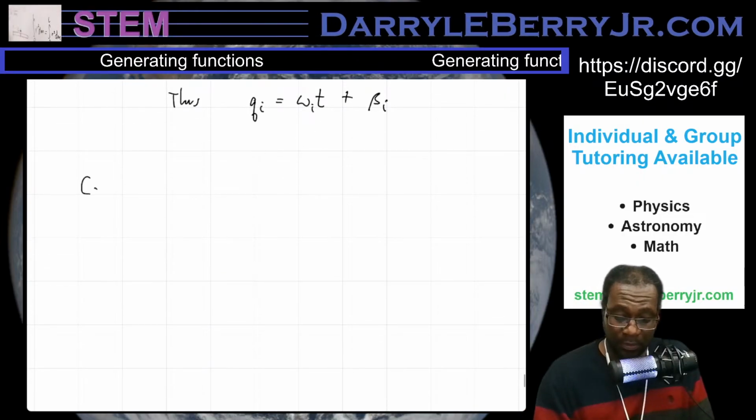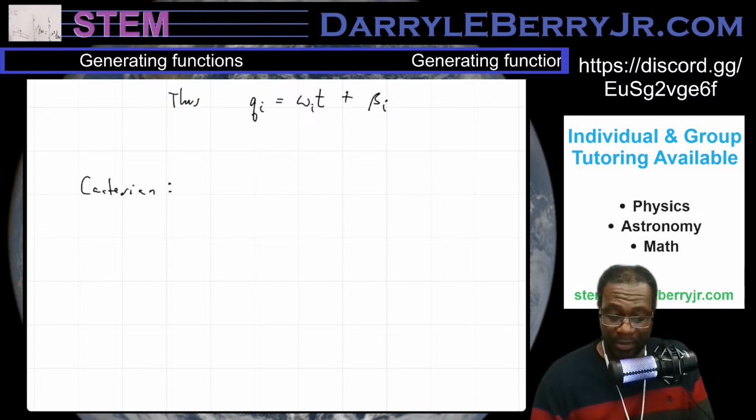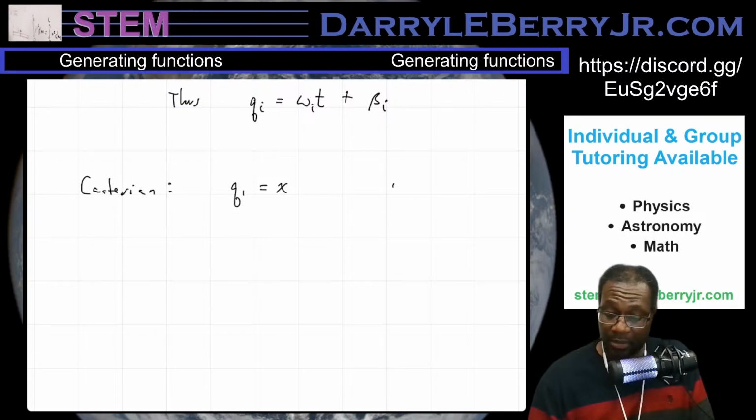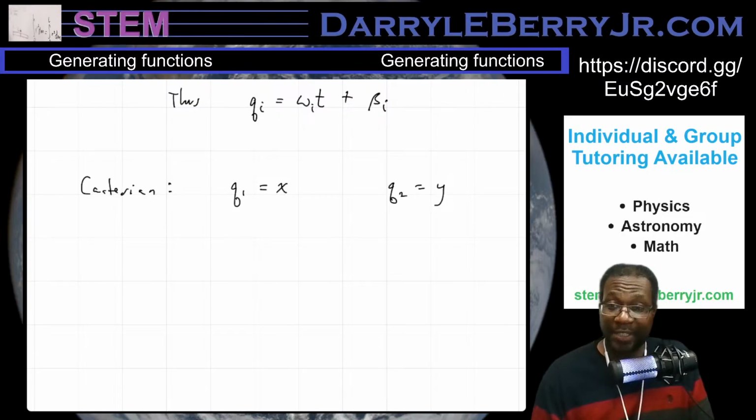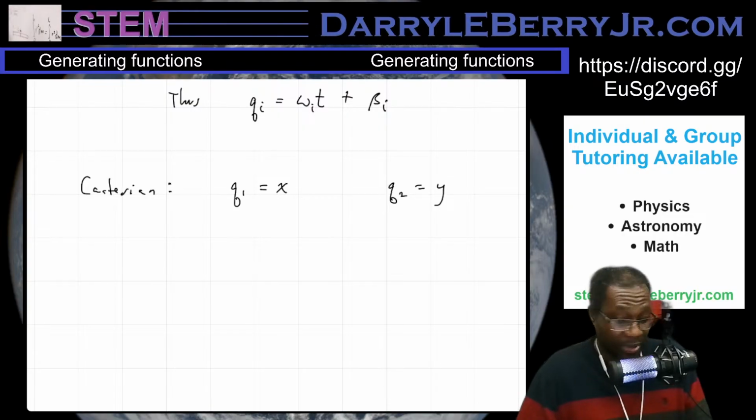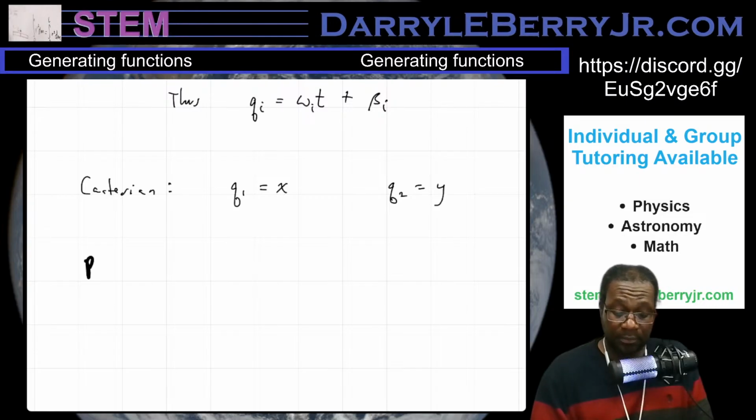So Cartesian coordinates is with x and y. We can say q1 equals x and q2 equals y, or we can say plane polar coordinates.